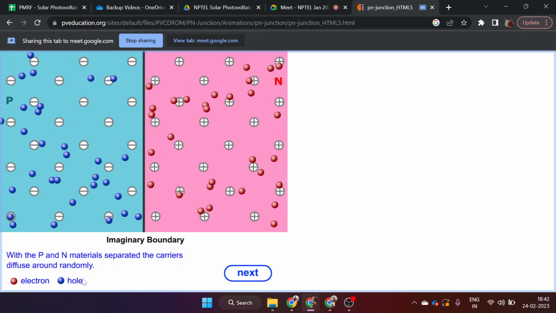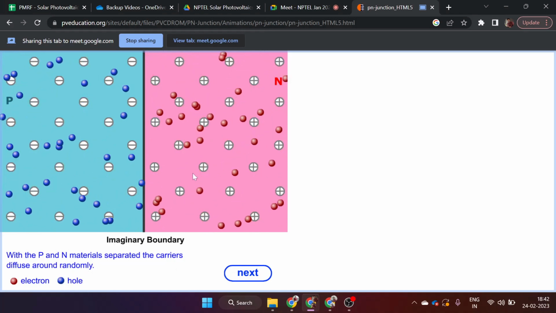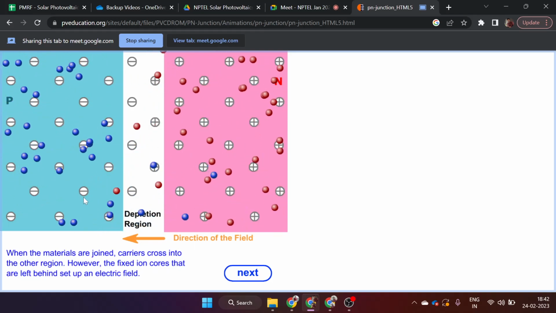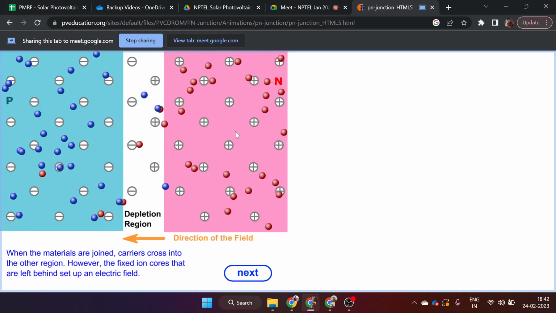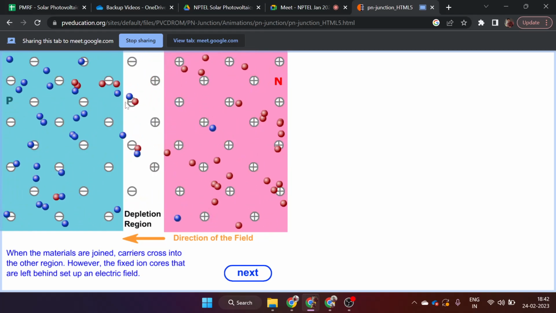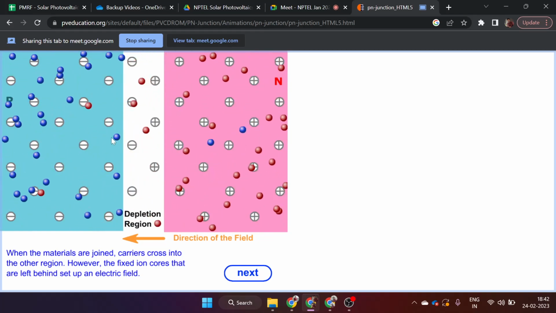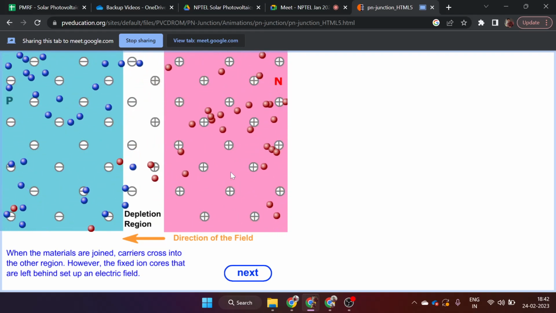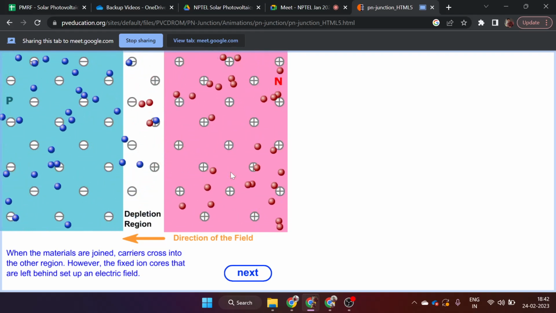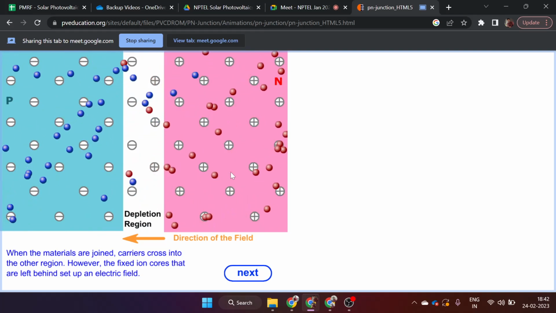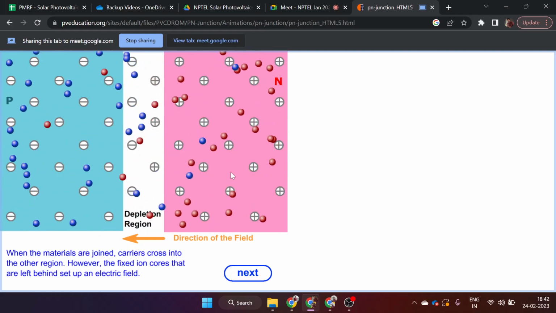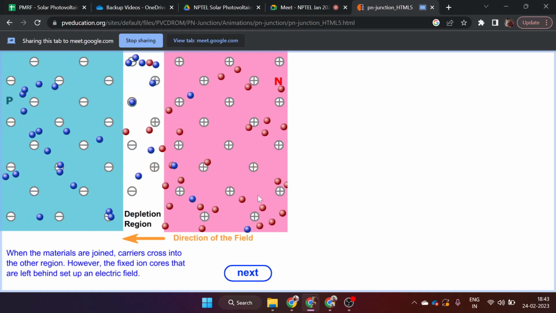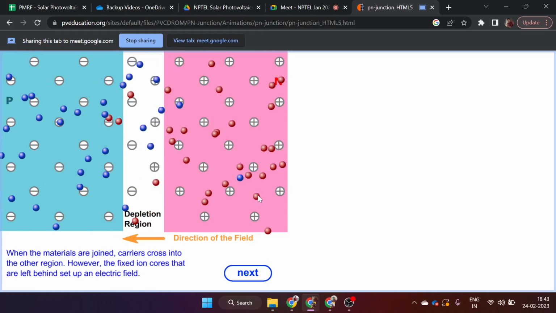These are the holes and these are the electrons. Now we are making this PN junction. So now you can see these electrons are going towards the P type and these holes are coming towards the N type. Why? Because of difference in concentration.